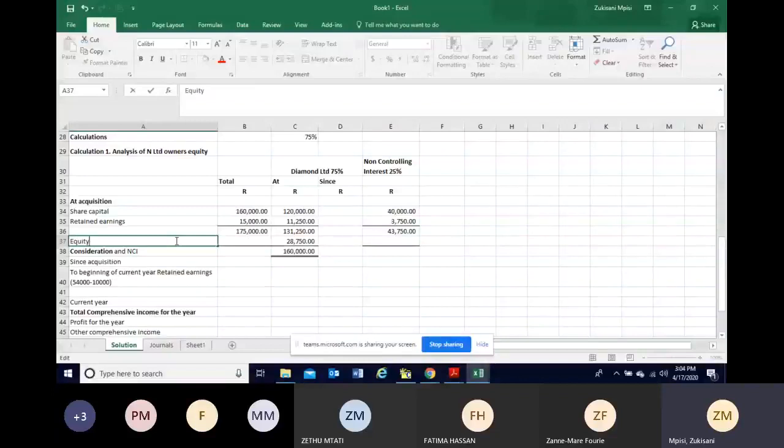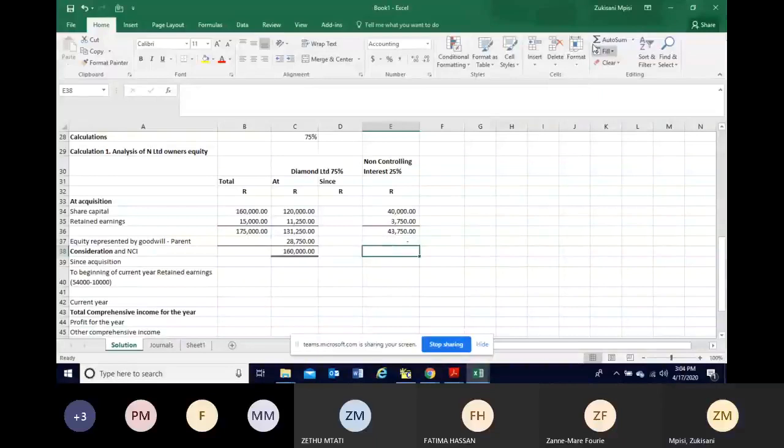It's now called equity, represented by goodwill, and this is for the parent, because there is no information provided for the non-controlling interest, so we'll have nothing.